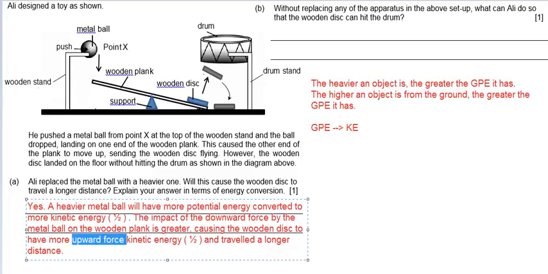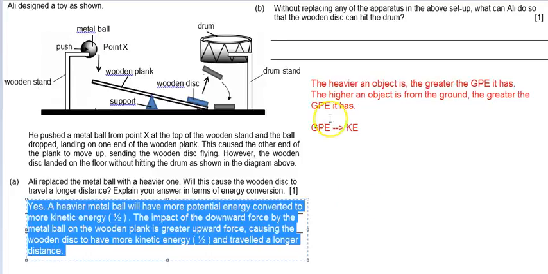Okay, due to the kinetic energy, and this travels along the distance. So the impact of the downward force by the metal ball will cause a greater upward force. Okay, so I'm going to put the upward force here, causing the wooden disc to have more kinetic energy and thus traveling a longer distance. Okay. All right.